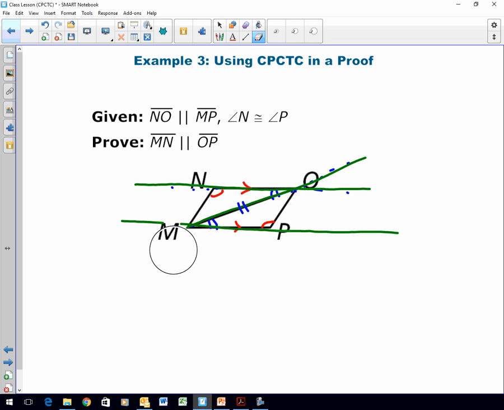NO or PO? I don't have that. All I have is that side's parallel right now. Sides could be parallel but not congruent, right? See what I'm saying? Until I find that this is parallel and that's parallel, I do not know that they're congruent. Okay, good question.